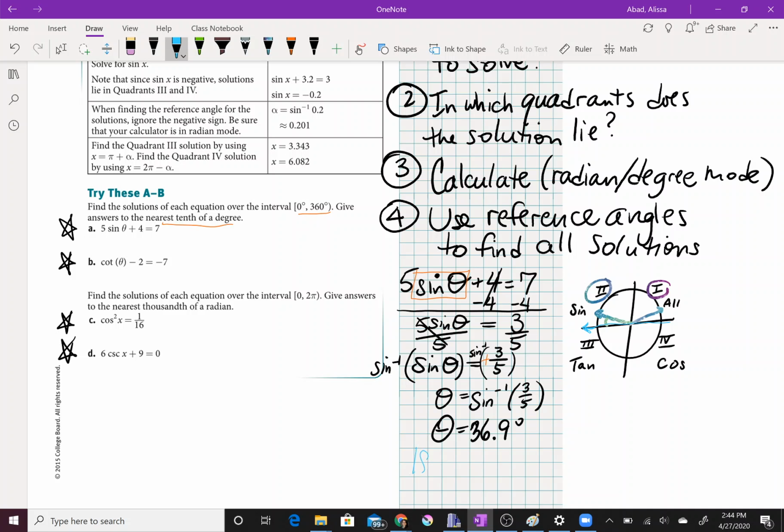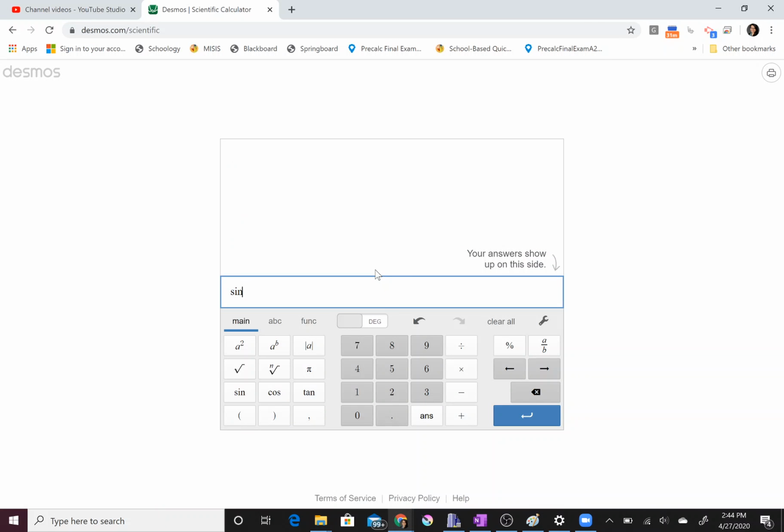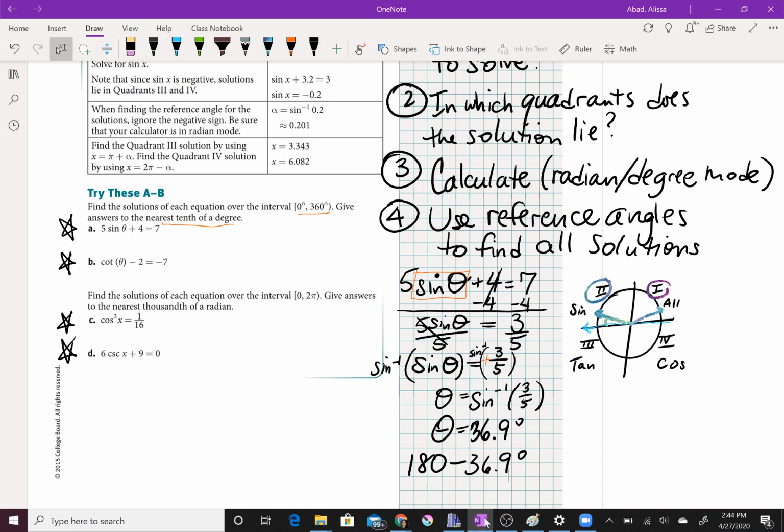So we'll subtract 180 minus 36.9 degrees. Let me just go ahead and use Desmos to calculate that. So 180 minus 36.9, and that would be 143.1.